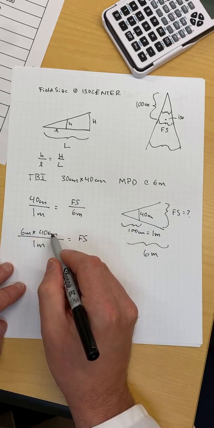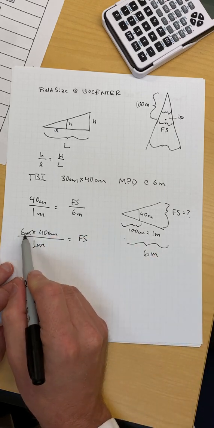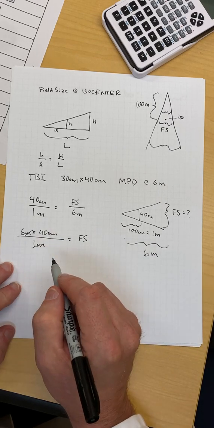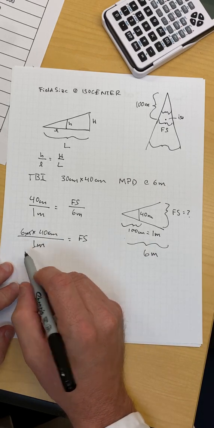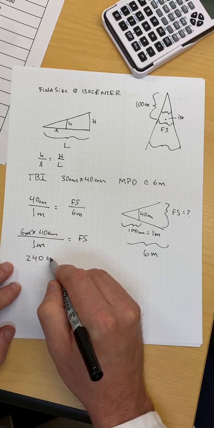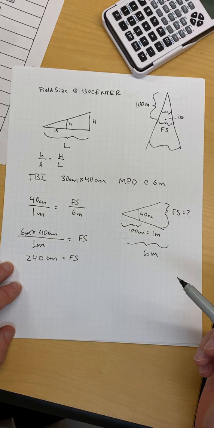I have meters here and centimeters there, but these meters are going to cross each other out. So I really just get 6 times 40, which is equal to 240. We keep the units of the field size, centimeters, which is the field size at 6 meters away.